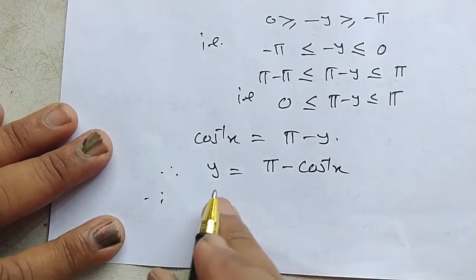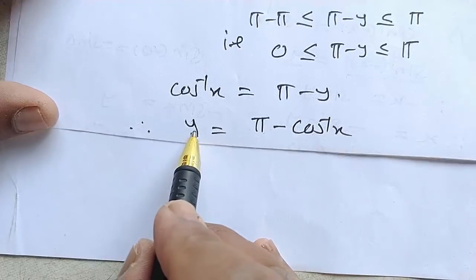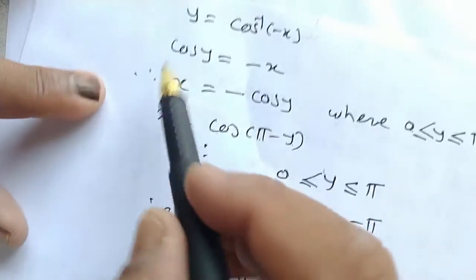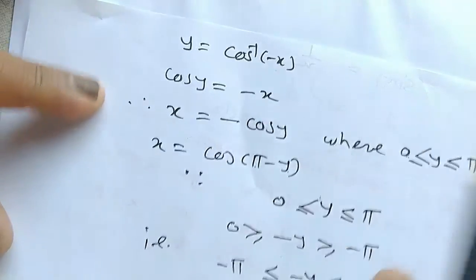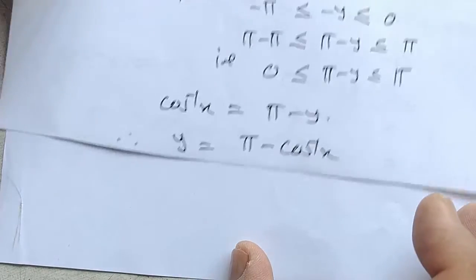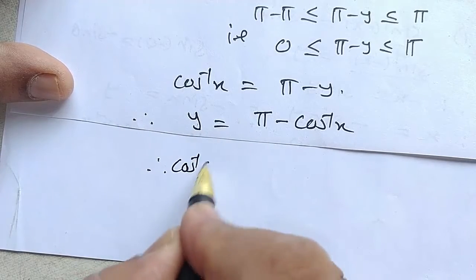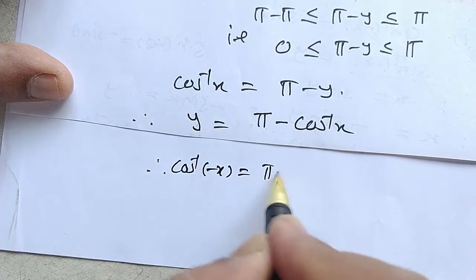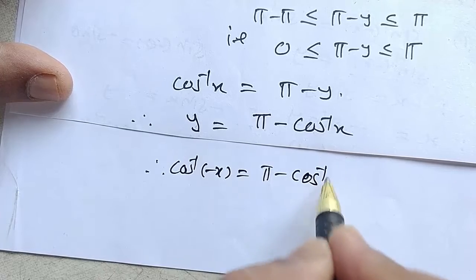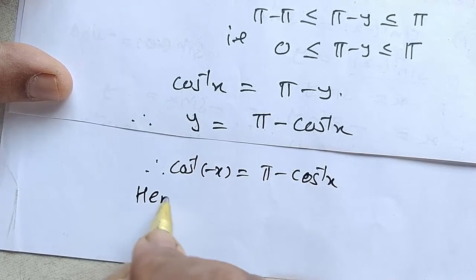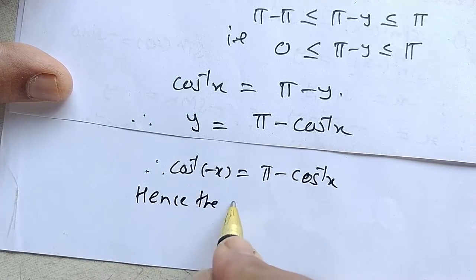Substituting the value of y is equal to cos inverse of minus x, therefore, cos inverse of minus x is equal to pi minus cos inverse x. Hence the proof.